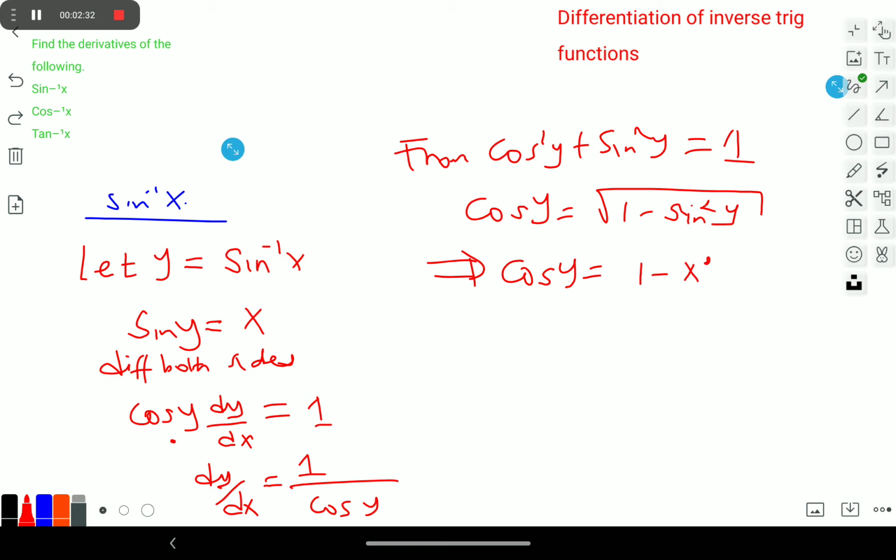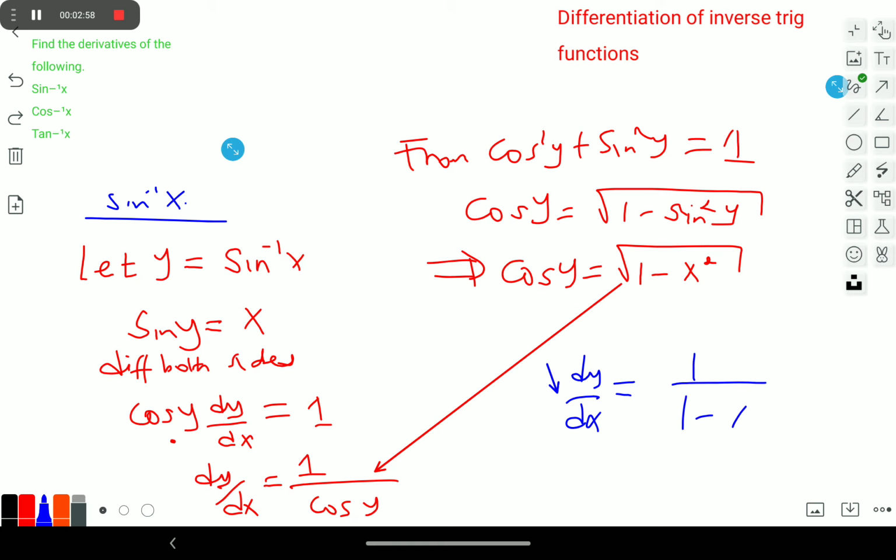the square root of 1 minus x squared. Then by substituting this in the previous equation, we shall get dy/dx will be the same as 1 out of the square root of 1 minus x squared.